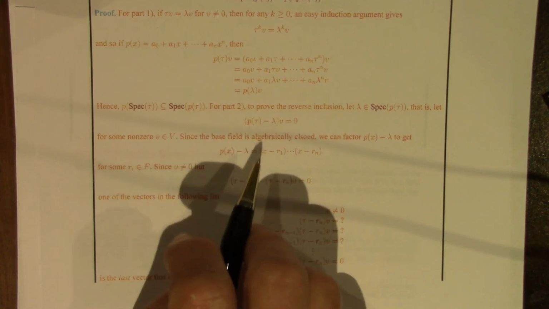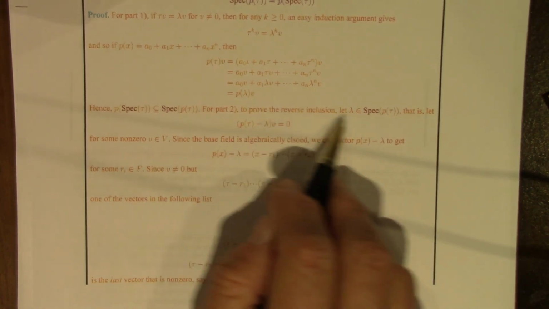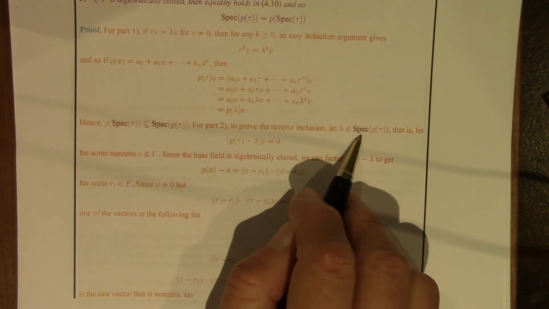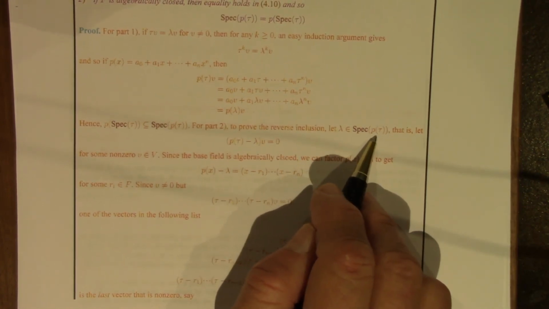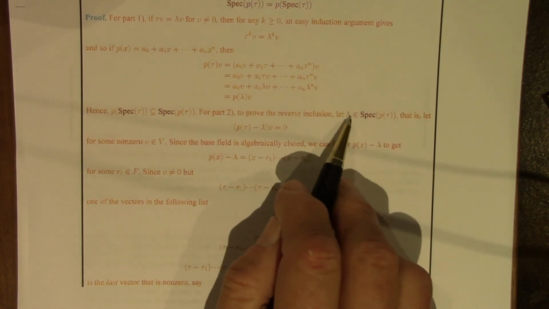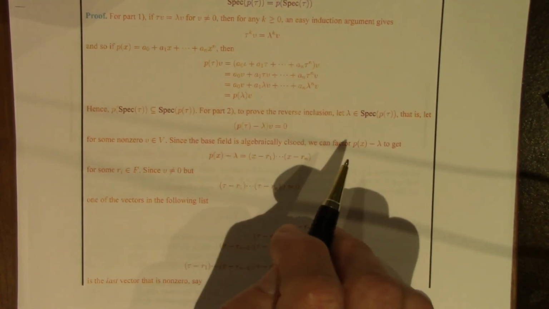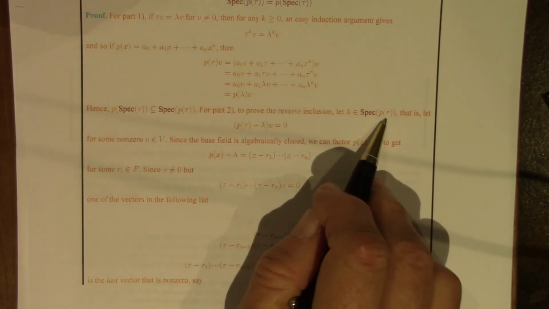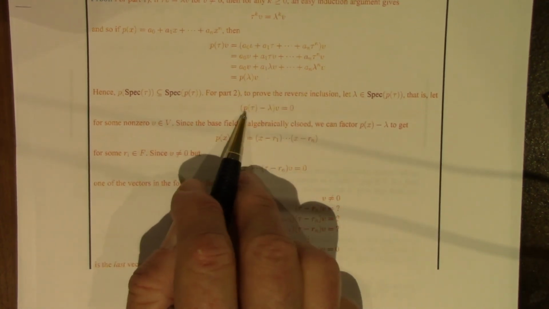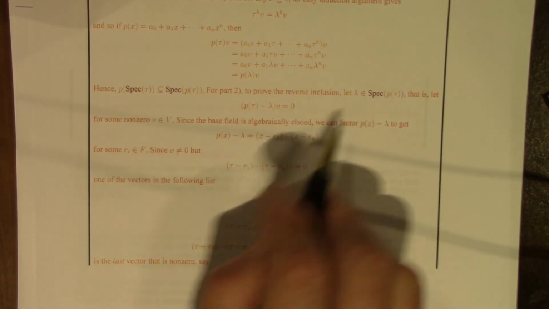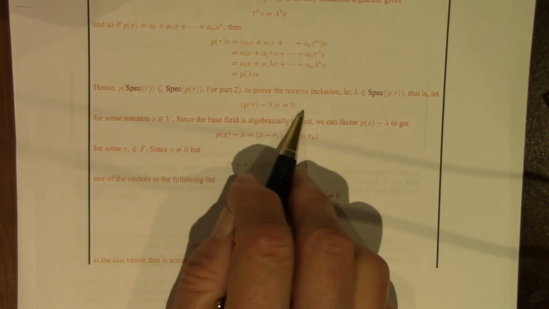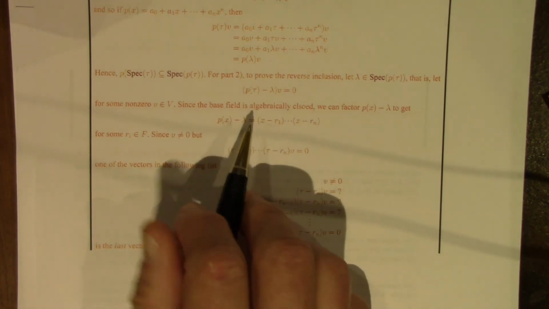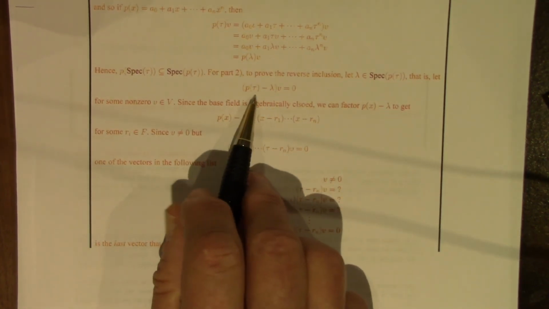Part two is a little more work. If we take lambda in the spectrum of P of tau, we want to show that lambda is P of some eigenvalue for tau. Well, this is the eigenvalue equation for lambda: P of tau minus lambda V equals 0, and V is non-zero. Now, here's the point.